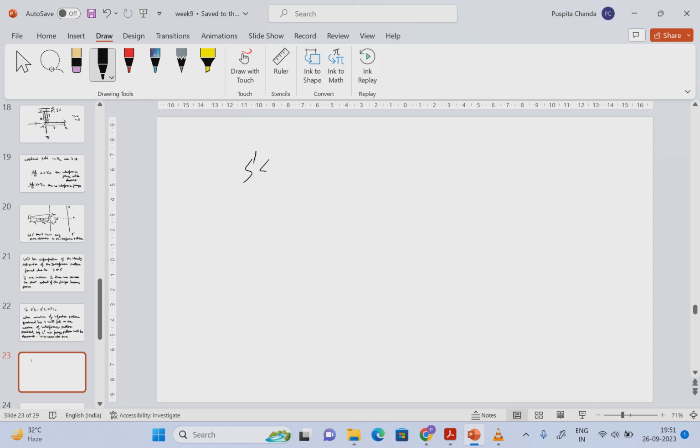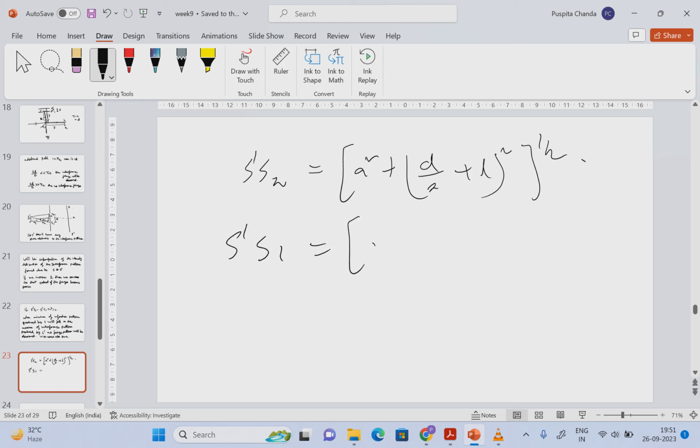Now, S dash S2 is the square root of A square plus D by 2 plus L whole square, to the power half, and S dash S1 is A square plus D by 2 minus L whole square, to the power half.